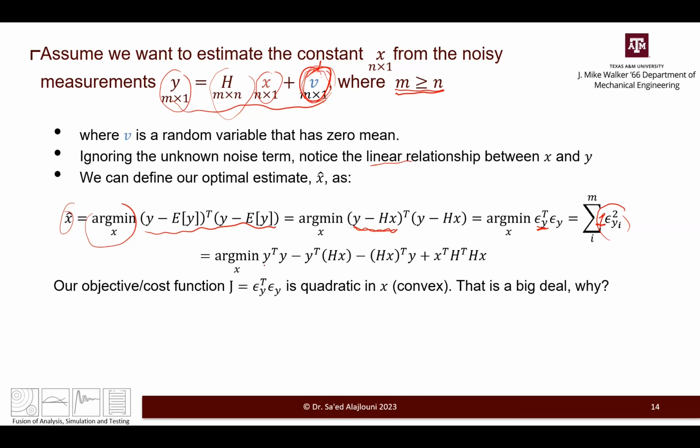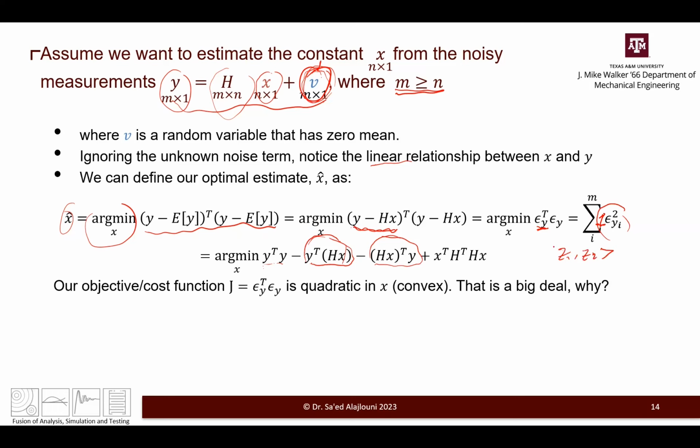So if you expand this expression, you have y transpose y. This is a linear term in x. This is a linear term in x. By the way, this term is exactly the same as this term. It's like having two vectors, let me call them Z1 and Z2.